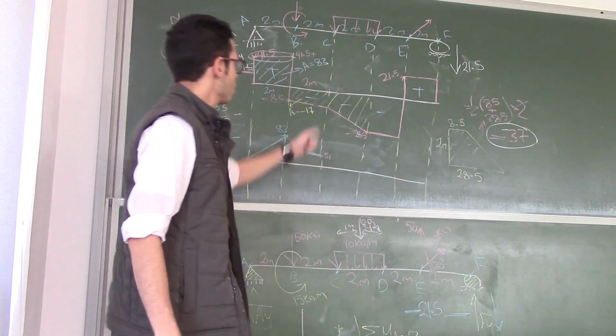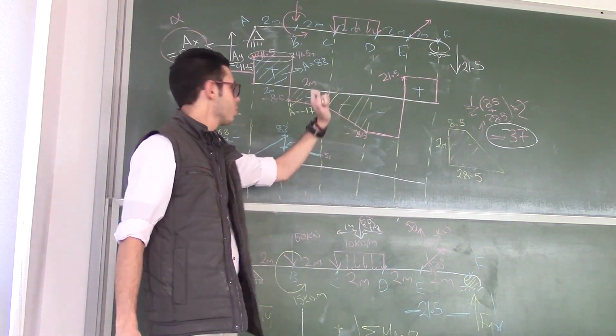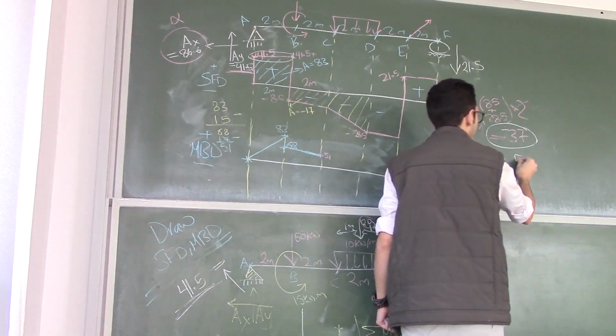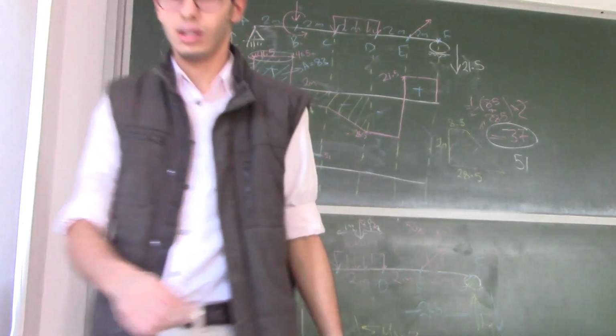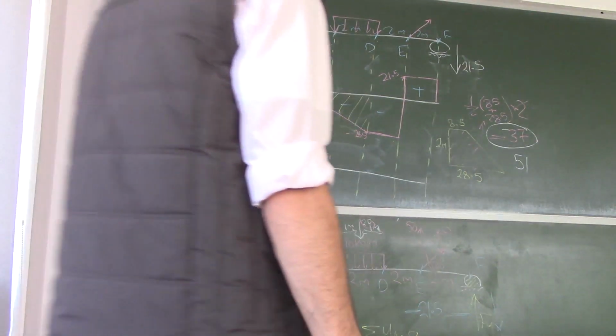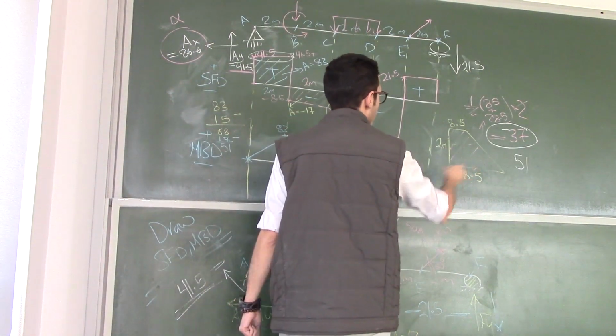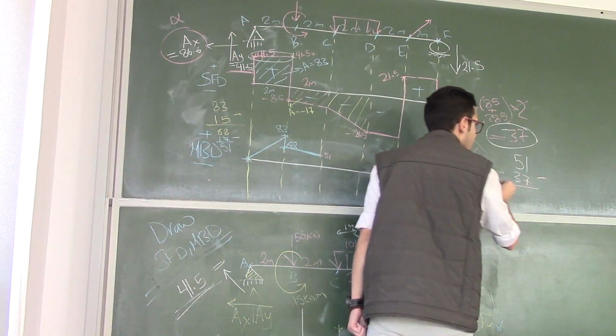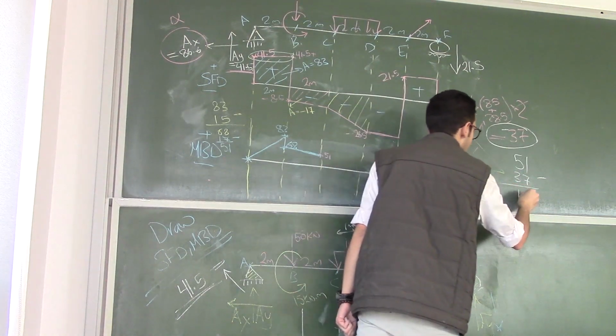It's 37, and it's negative, because the area here is a negative area. So we have 51, right? 51 minus 37 is equal to 14.